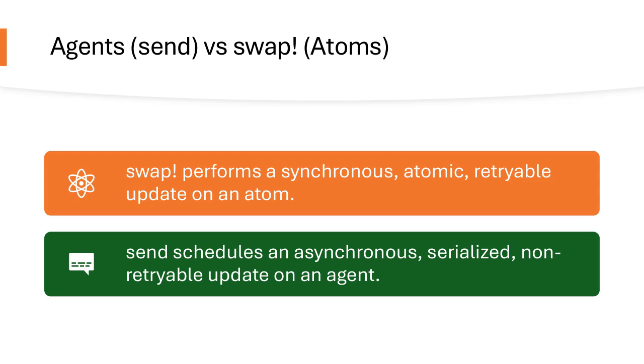On the other hand, send operates on agents by scheduling updates asynchronously. These updates are serialized so they happen in order, but they're not retriable, meaning if something goes wrong, the system doesn't automatically try again. This distinction makes swap ideal for cases where immediate consistency and retry capability are important, while send is better suited for background processing that can run independently without blocking the main flow.